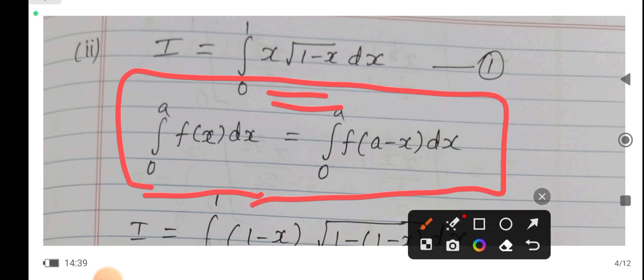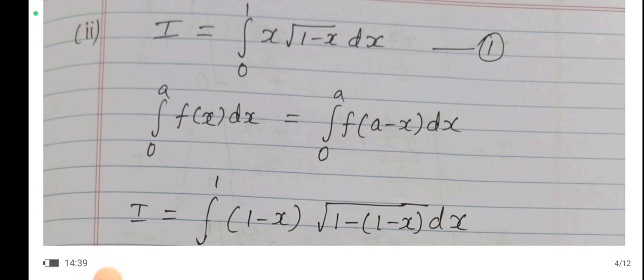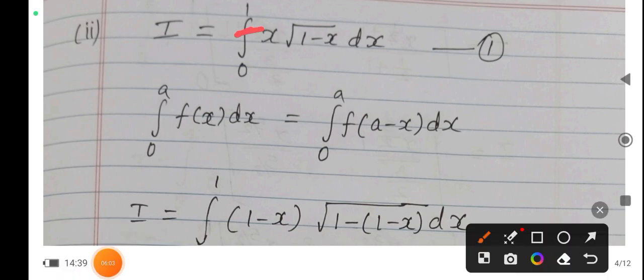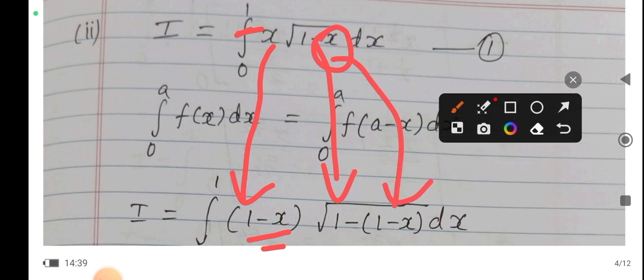For your understanding, in the first subdivision the property was not necessary, so we did not write it there. But in the second one, you have to apply it, then only it will be easy. Wherever x is there, write a minus x. Here a is 1, so in place of x apply 1 minus x. Root over 1 minus, again in place of x, 1 minus x.